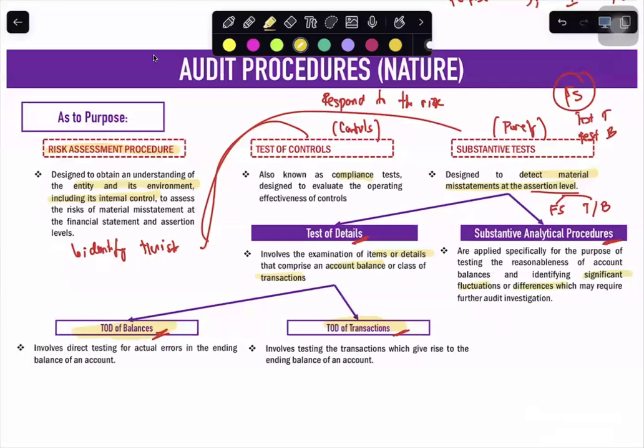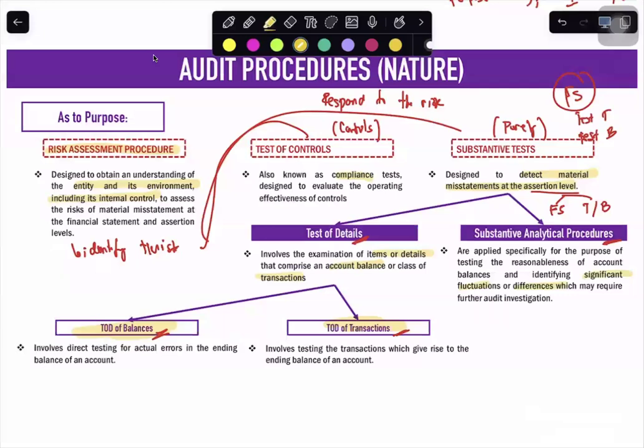Therefore, it could be that the AR is also high or our cash receipt is high because sales is tied up to your AR and cash. So you look into the possible relationships, and if ever something is wrong out of those relationships, then we do further audit investigation. So that is audit procedure as to nature.